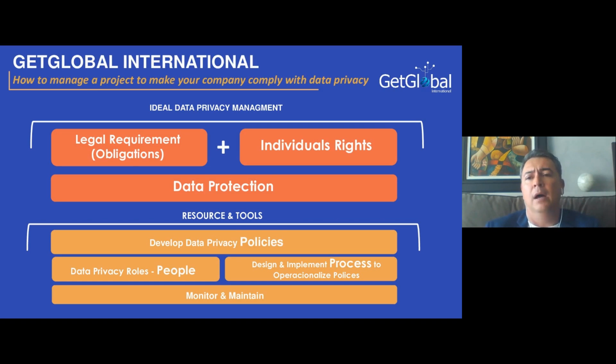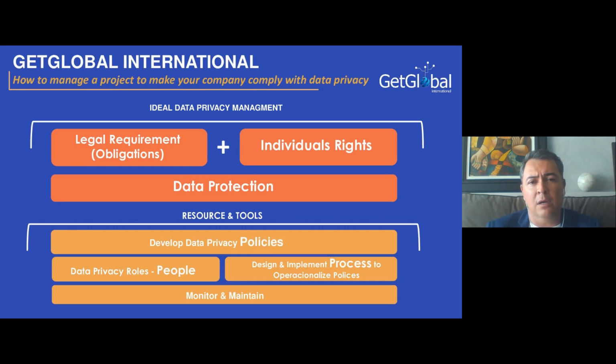For example, under any data privacy law, we recommend any company to run a privacy by design program. So what kind of procedures are we going to follow? Will every area of the company be responsible for requesting the DPO's help in a new project?